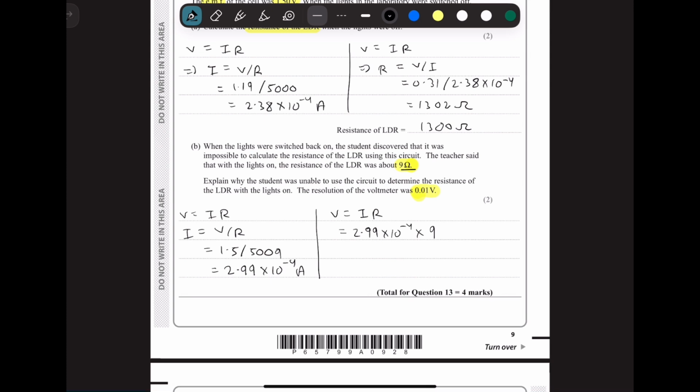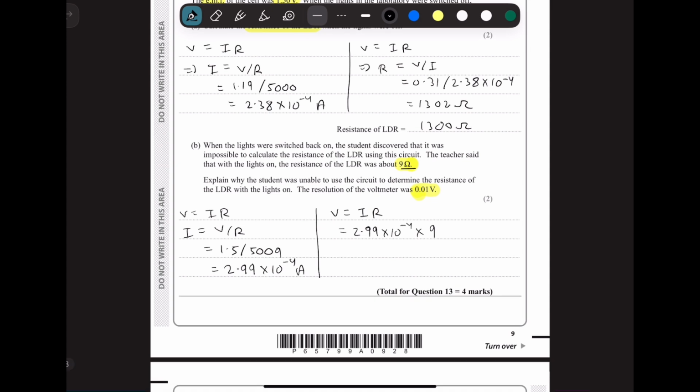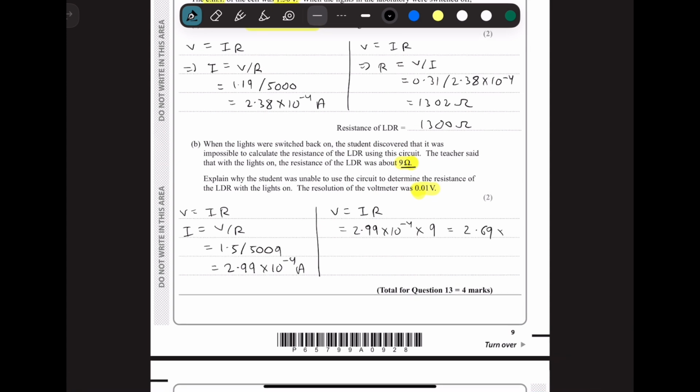And we get 2.69 times 10 to the power minus 3 volt. If you round this up, you can simply get 0.0027 volt. If you further round this up, you can get 0.003 volt.